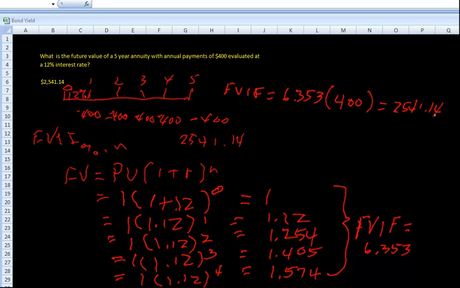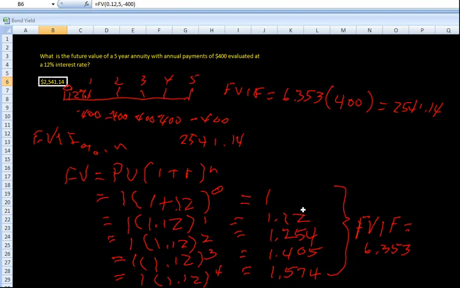So let's see how that comes out. Yeah, it came out to $2,541.20, which is okay because it's rounding. And if you would have taken these other amounts down here and rounded them differently, you could have maybe gotten a little closer.